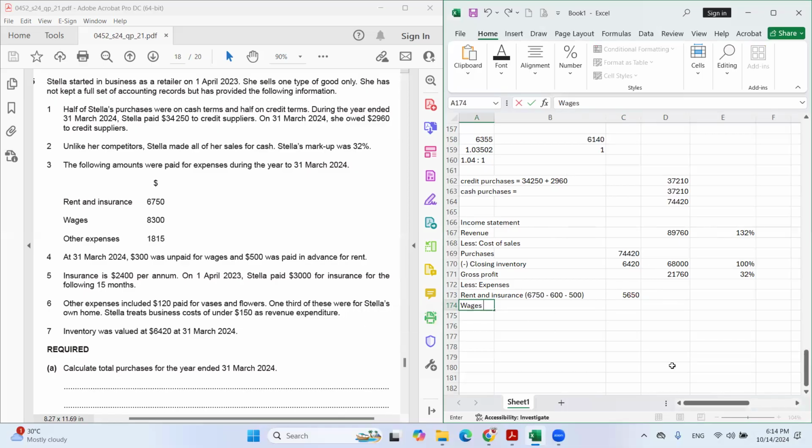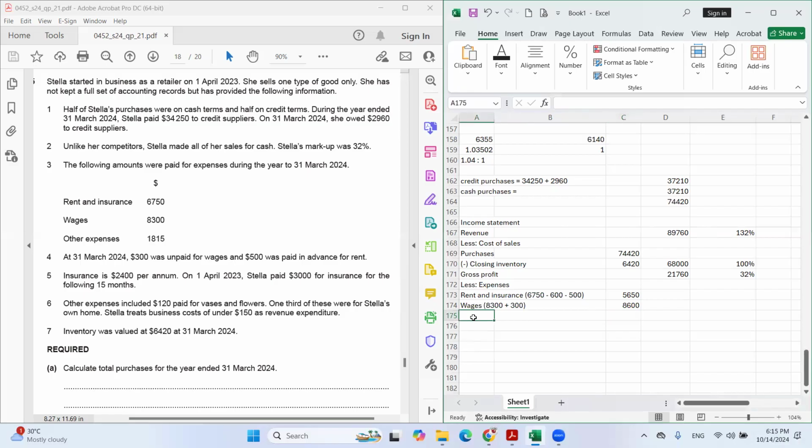So for wages, 300 unpaid. That means we have to add. At the end of the year, accrued we have to add, prepaid we have to minus. So this one is 8600.